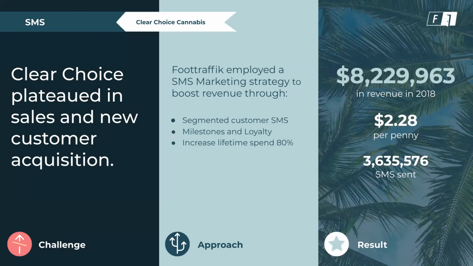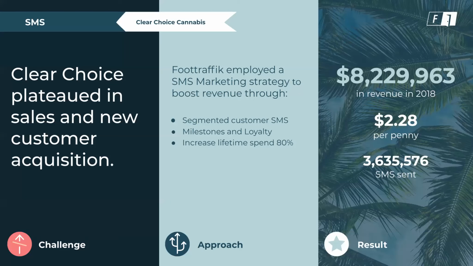So here's a case study from our friends at Clear Choice out of Tacoma, Washington. They hit a plateau in their sales and new customer acquisition because we pretty much got every customer in that region. So how are we going to make more money? We're going to leverage SMS marketing. We're going to create segmented campaigns, and we're going to increase the value of those customers. We don't need to spend more money on advertising.